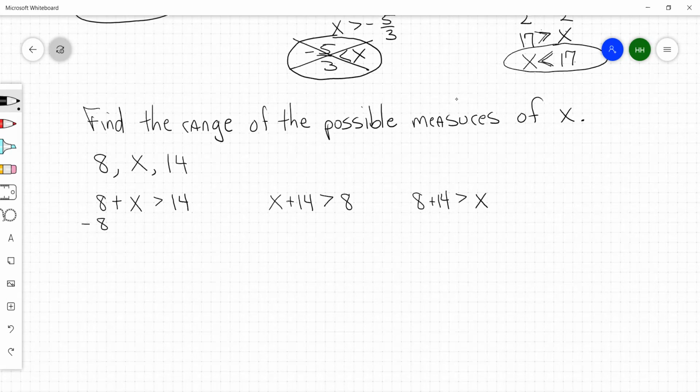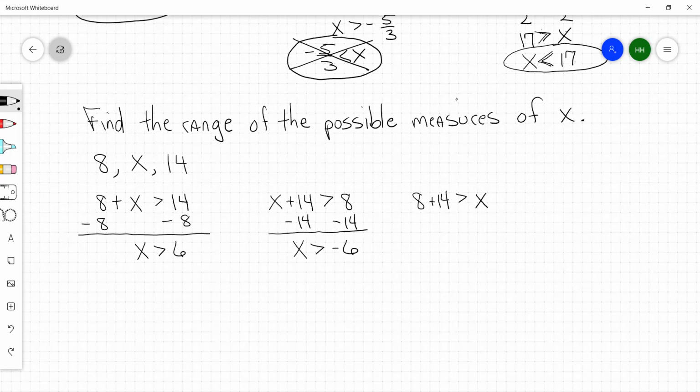So when we subtract this 8, we get an x that's greater than 6. When we subtract this 14, we get x has got to be greater than negative 6, which means that negative 5 would be a solution according to this, right?